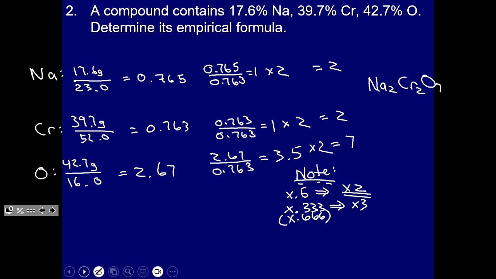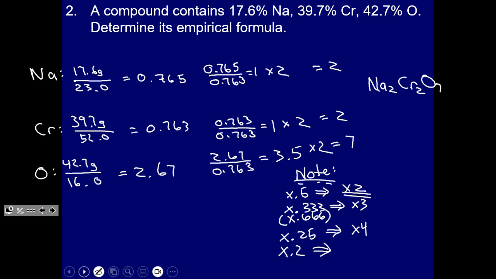I've seen an x.25. What would I multiply it by to get rid of an x.25? Yep, 4. And I have seen one where I've seen an x.2. What do I need to multiply by to get rid of the x.2? 5.